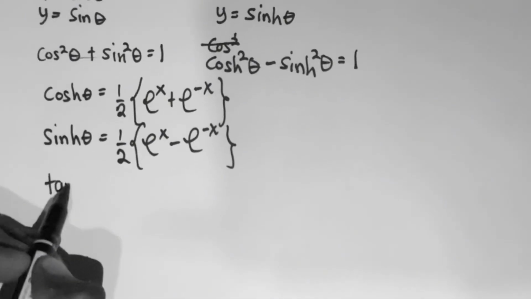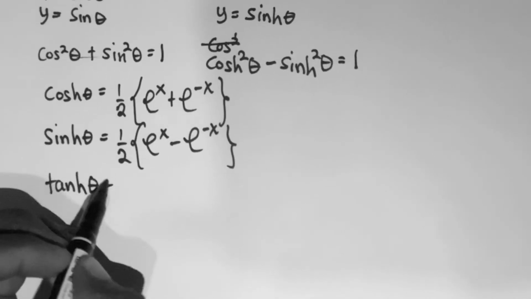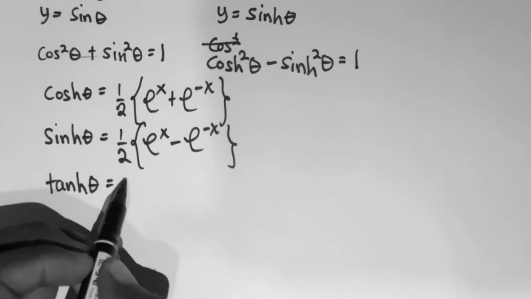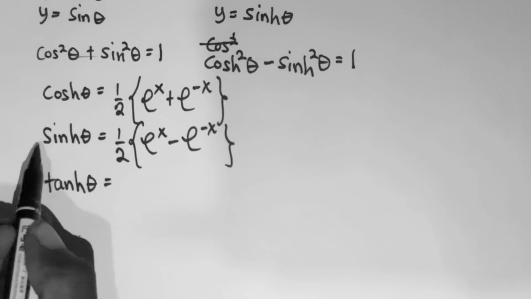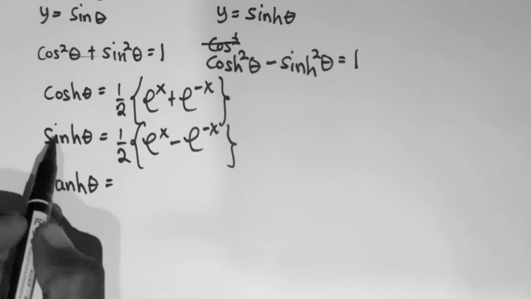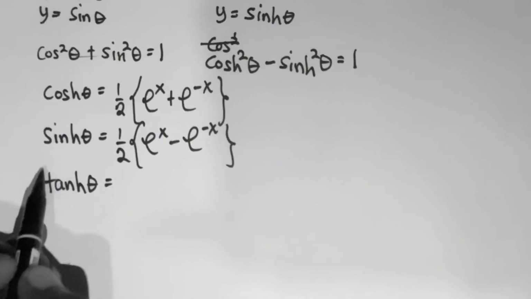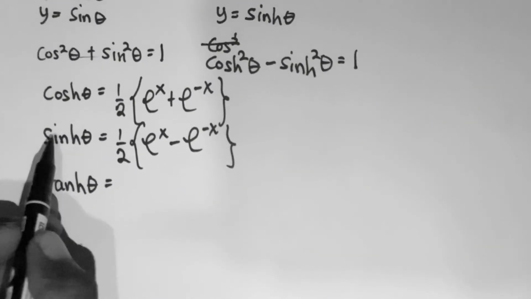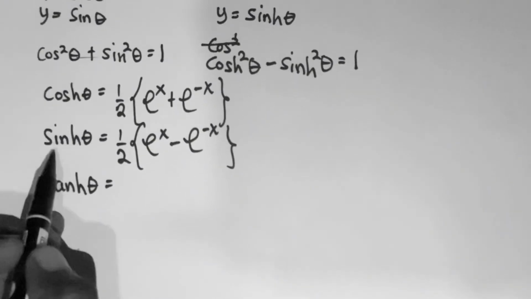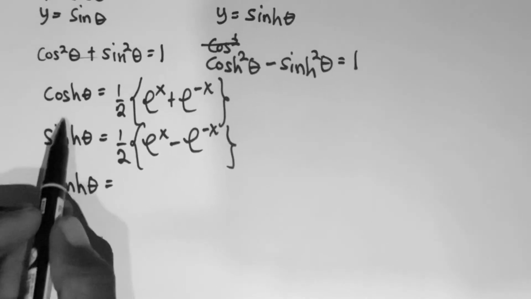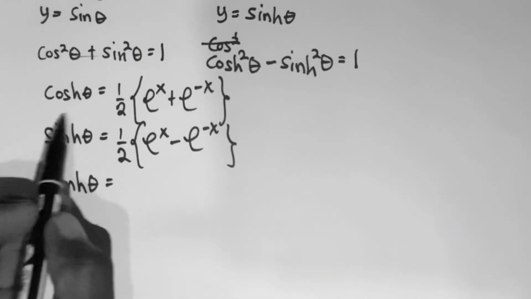So the hyperbolic tan function, tanh theta, is given as, we know from trigonometry, tan is sine theta over cos theta. So for the hyperbolic tan function, that is also given as hyperbolic sine theta divided by hyperbolic cos theta.